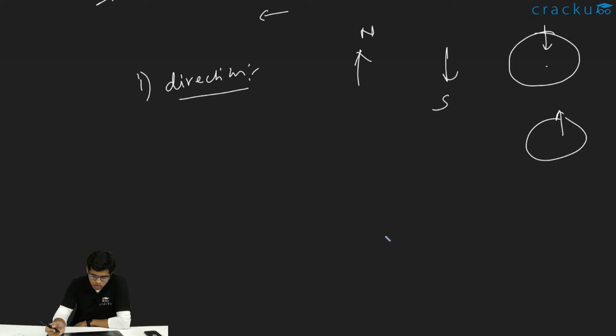Now, one more thing: suppose a person is facing north. Let's say I am facing you guys, so I am facing north. For a north facing person, this will be the right side, and this will be the left side.